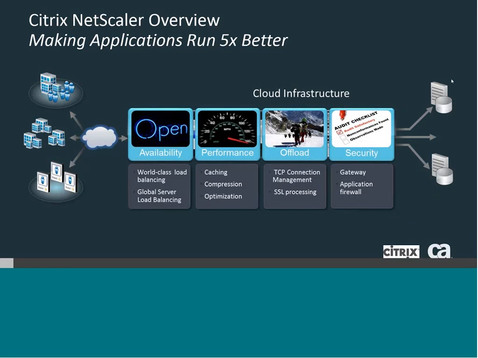Specifically, what Citrix Netscaler does is it provides for availability, application acceleration, data center and infrastructure offload, as well as application security for a variety of applications that are being rolled out across the network. And these would be direct Citrix applications, like again, Zen app, Zen desktop, or Zen mobile, but general web applications and client server applications as well.